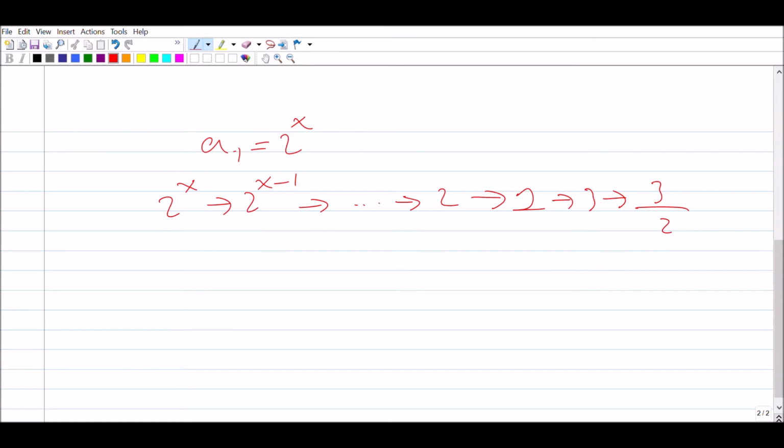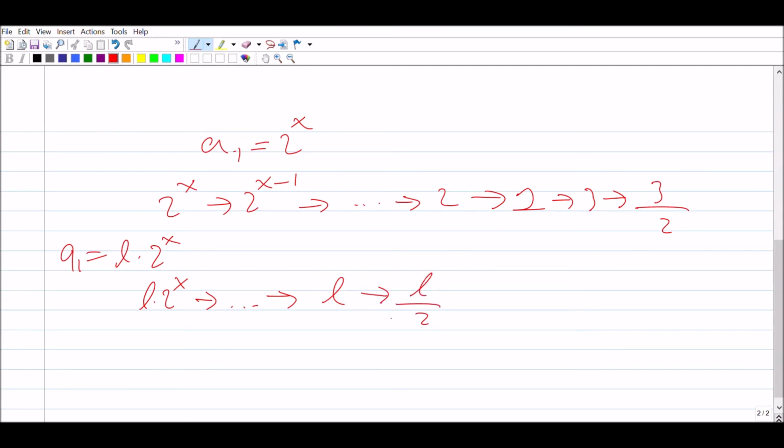So we already showed that for all odd values of a_1, all terms won't be an integer either. And if we let a_1 be equal to some odd number, let's say l times 2 to the power x, then again we'll keep dividing by 2 until we get l. Now if l is greater than 2, and we know that l is odd in this case, the next term will be l over 2, which is again not an integer.